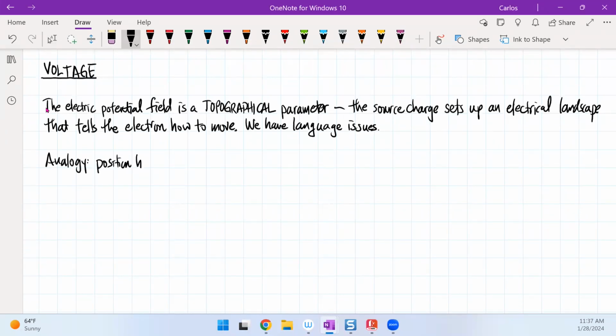Position by itself is meaningless, whereas displacement is meaningful.